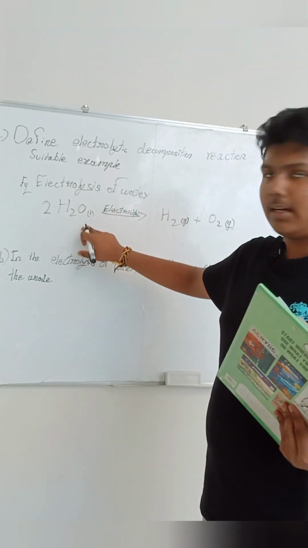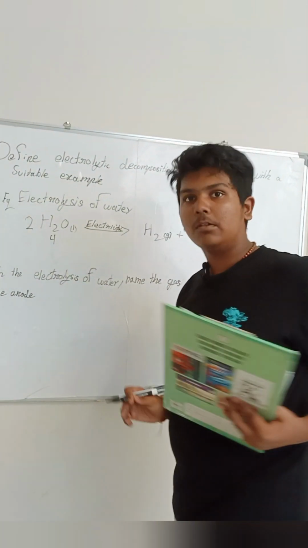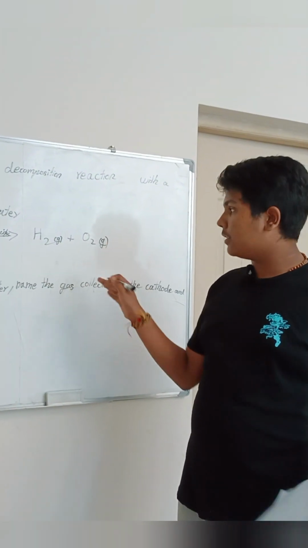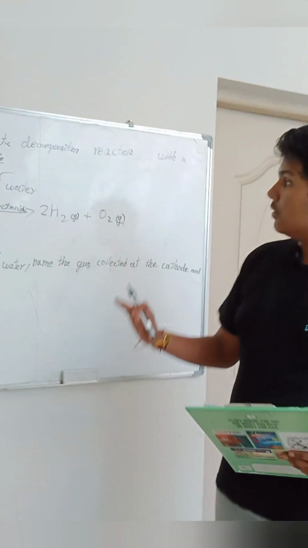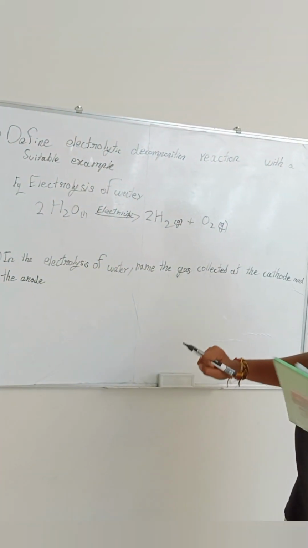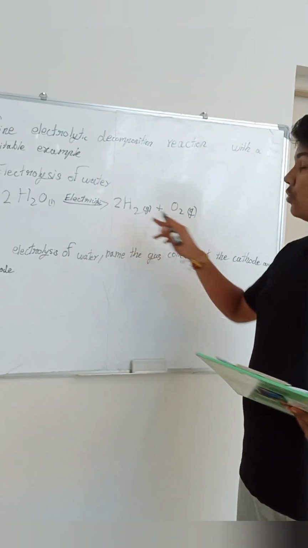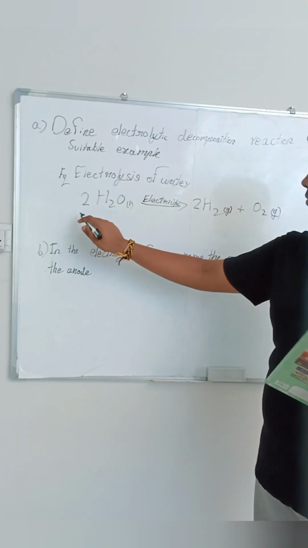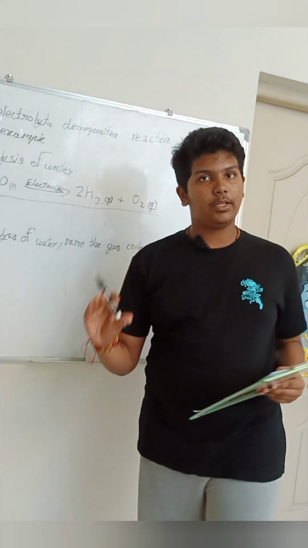If this 2 gets multiplied here, this H will become 4, but here it is 2. So multiply another 2 here, so it will be 2H2. So the total equation will be 2H2O, decomposed by electricity, gives you 2H2 plus O2. So hence we got an example which defines electrolytic decomposition reaction.